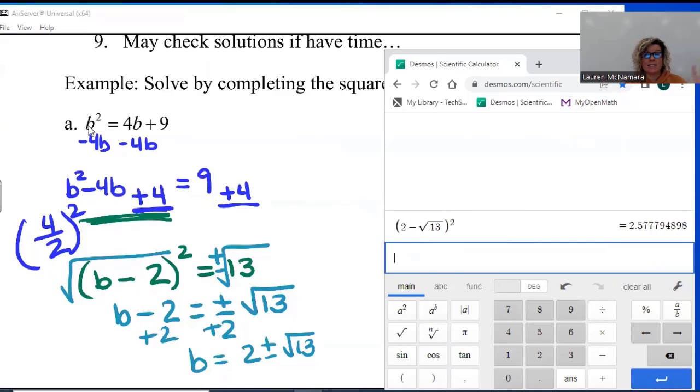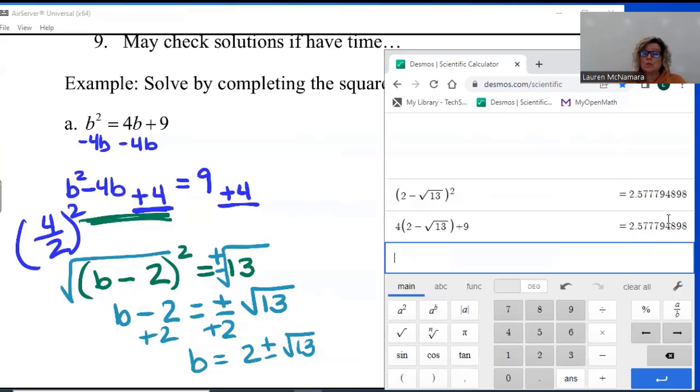I'm plugging it into my original, equals 4 times B, open my parentheses, 2 minus the square root of 13, hit my right arrow key, close my parentheses, plus 9, enter. Both sides equal the same value. So I checked my answer and I know that this is my solution.